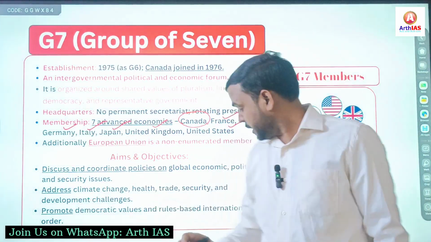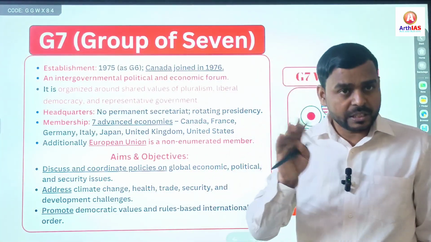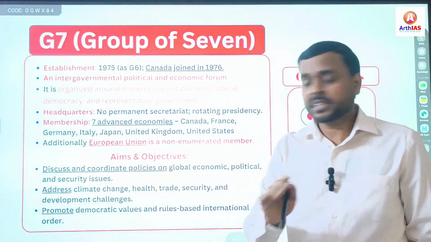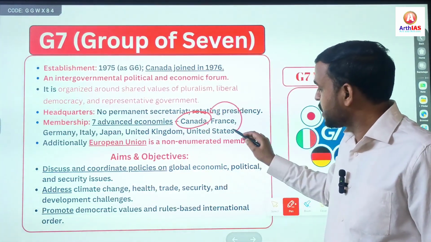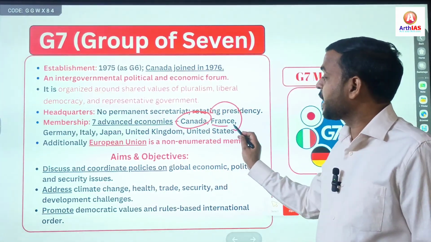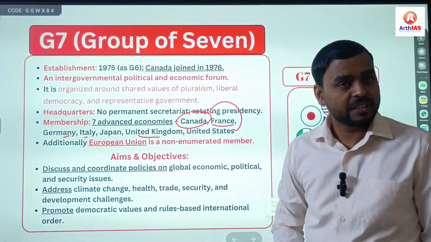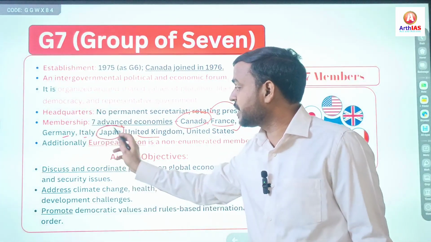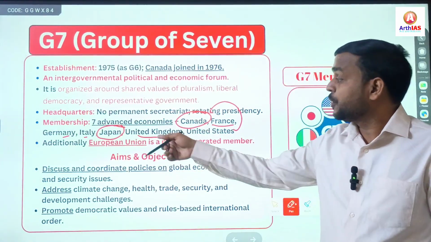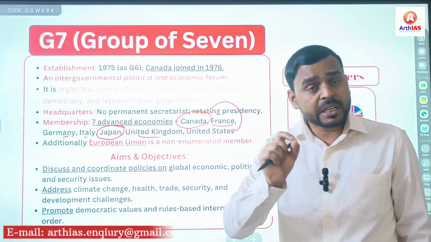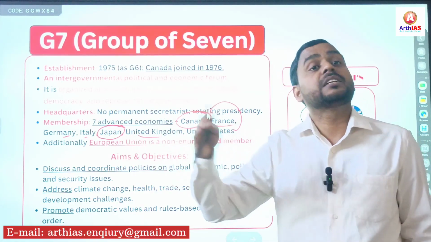So in total, there are 7, and to remember it in an easier way, remember: from North America, Canada and US, right? 4 European countries: France, Germany, Italy, UK. Only one Asian country, that is Japan. You must remember that only one Asian country is in the G7, that is Japan, not China, neither India.